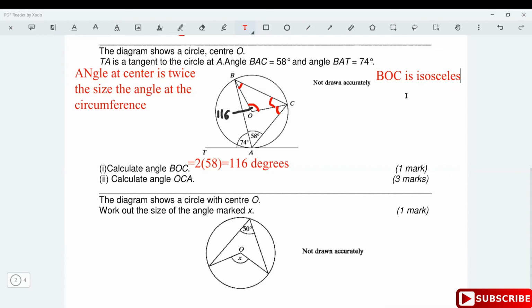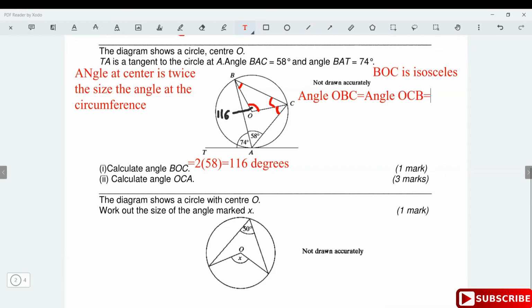I maybe did not spell it right, but that's fine, BOC is isosceles. Since it is isosceles, we know that angle OBC is equal to angle OCB, and the two of them are equal.